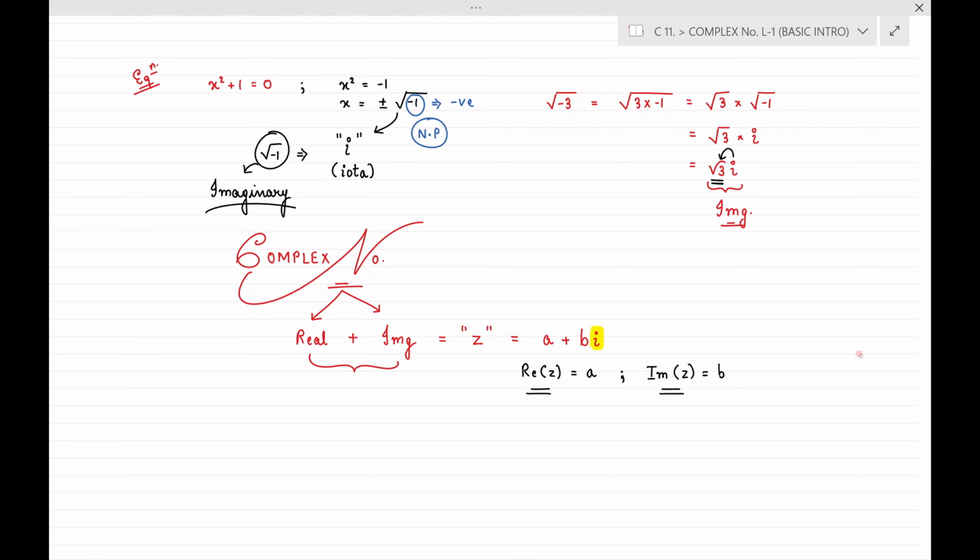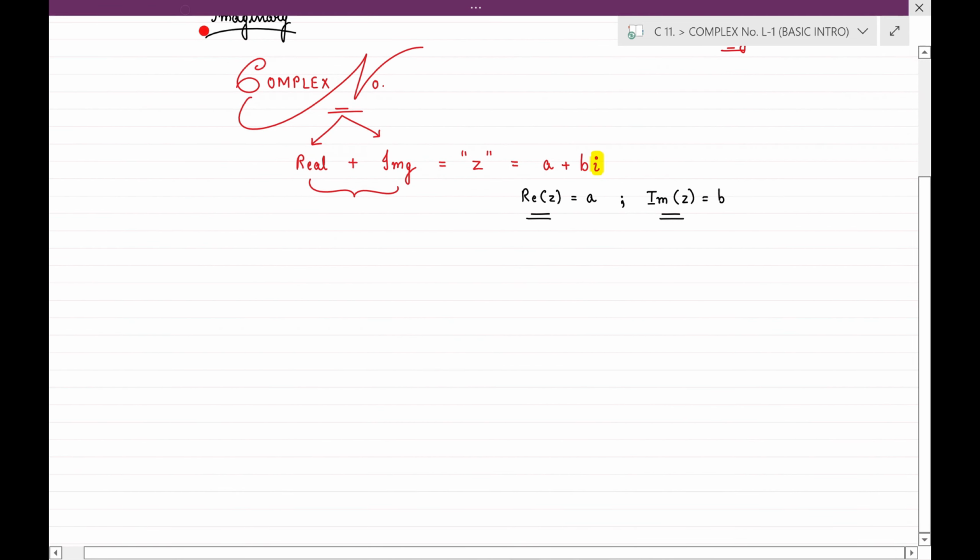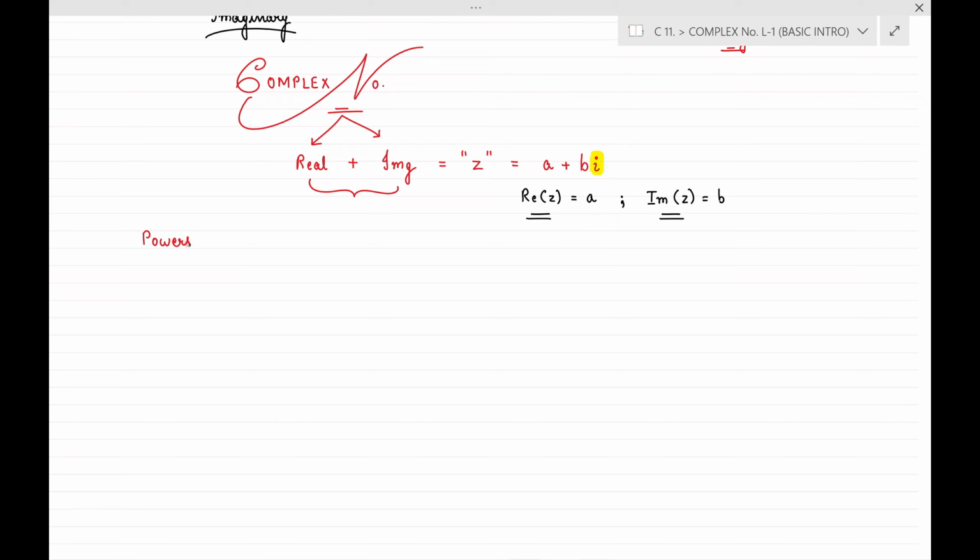Now, there are some basic integral powers of iota. Now we will go through integral powers of iota. Simply, we say powers of iota. Observe it carefully.